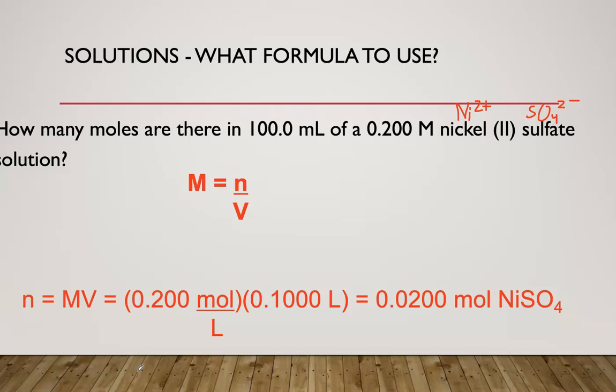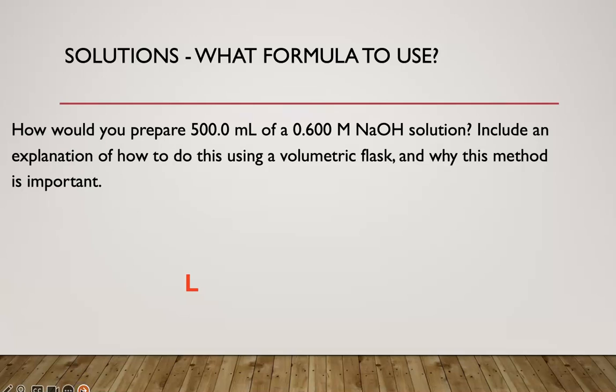So hopefully you came up with something like this, knowing that your number of moles is your molarity, your big M, times your volume in liters. Notice that these liters are going to cancel out or diagonally drop, so you're left with your moles. All right. So see if you can go ahead and calculate this one.